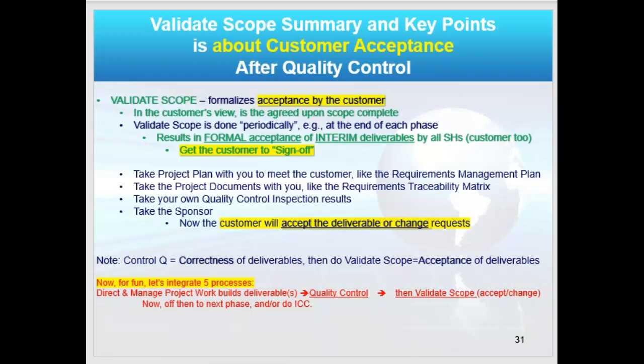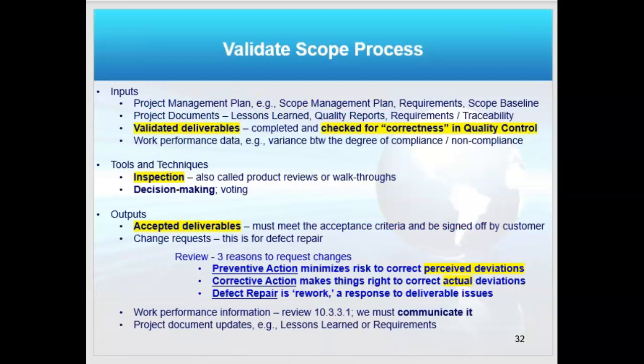Okay? Now, the validate scope process has your inputs, tools, and techniques and outputs, like all other processes. The inputs are fairly typical, except for validated deliverables. Those validated deliverables as an input to this process are what came from your own project quality control.